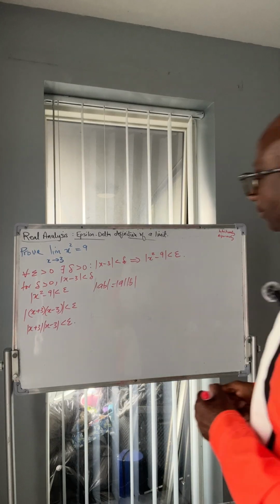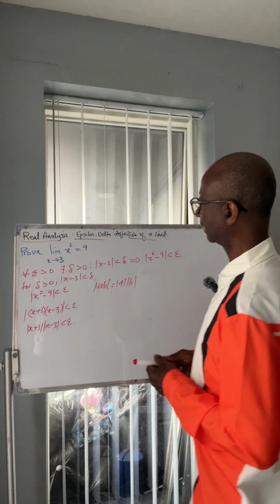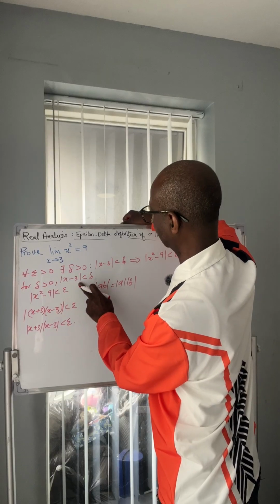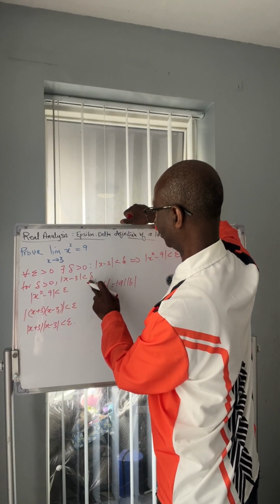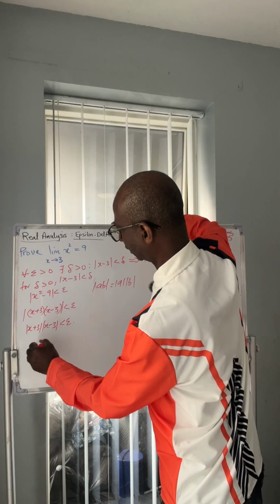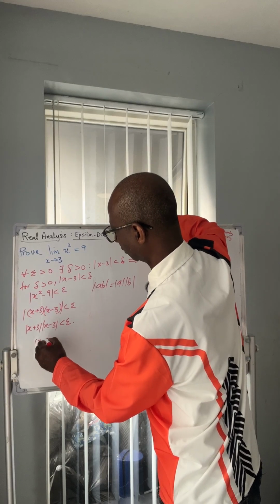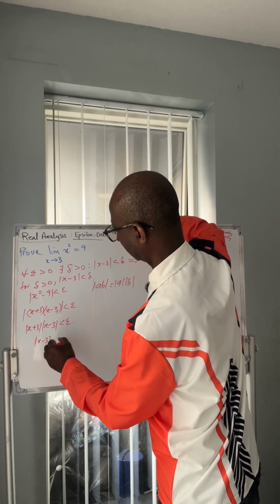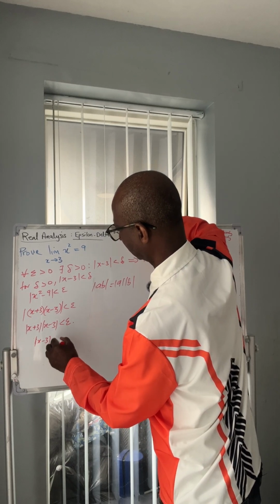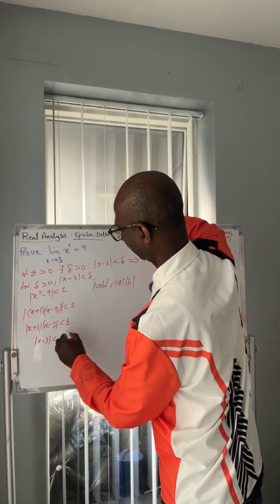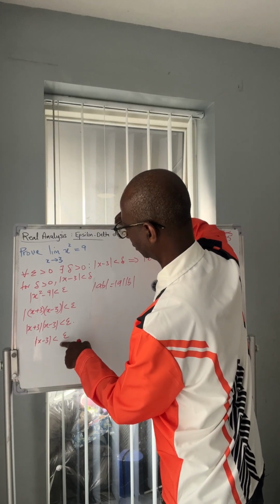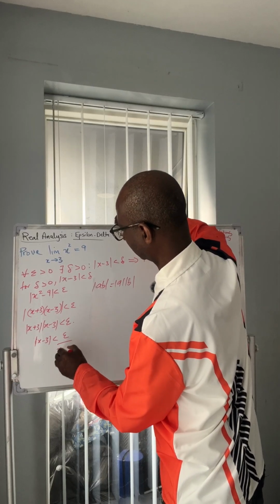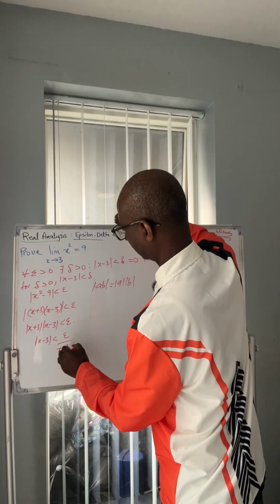Okay? So then we know the absolute value of x minus 3 is less than delta. Yeah? So this will give us x minus 3 is less than epsilon divided by x plus 3.